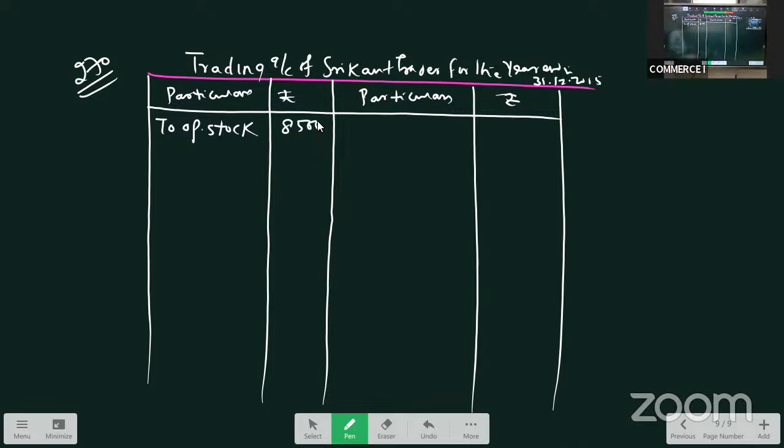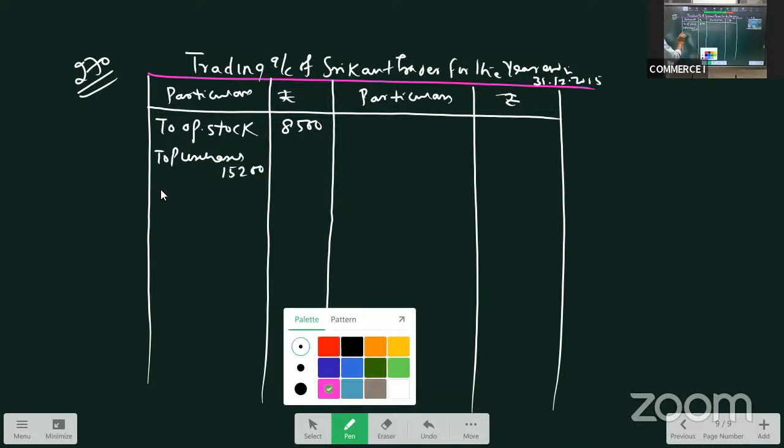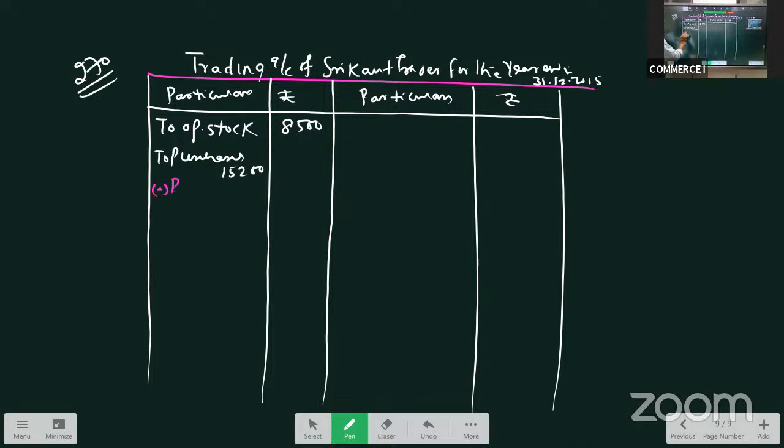Next we have purchases. Purchases also will appear on the debit side. Purchases amount is 15,200. From this, we deduct purchase returns.